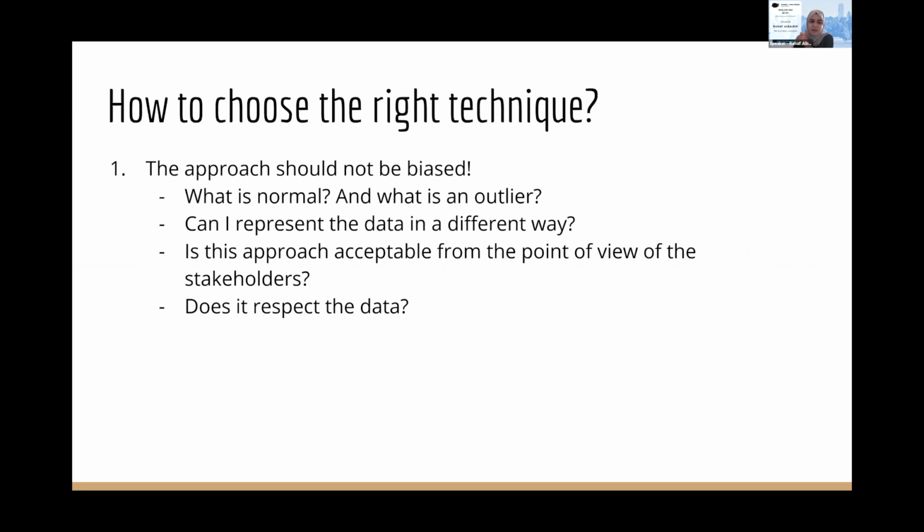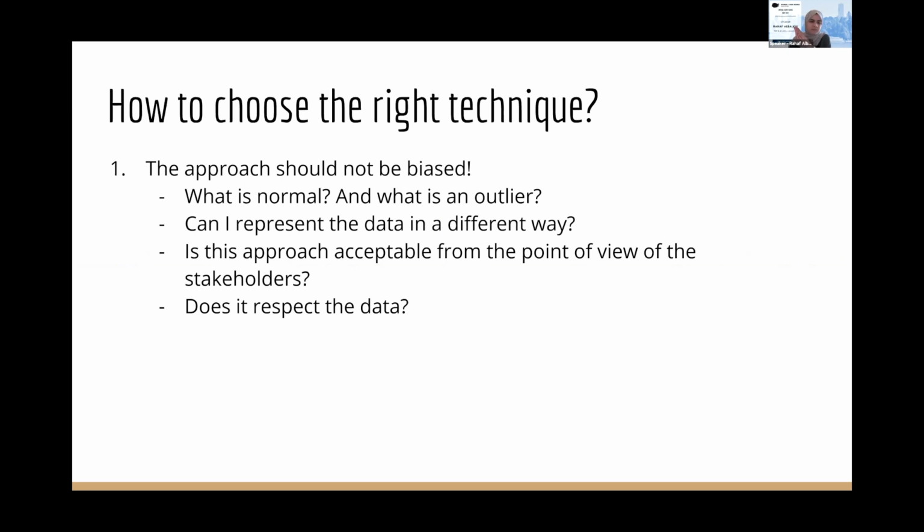First, your approach should not be biased. You need to choose or possibly build your own technique that is to solve bias, but you need to make sure that it's not biased in itself. You need to define what is normal according to this technique, and what is the outlier for this technique.